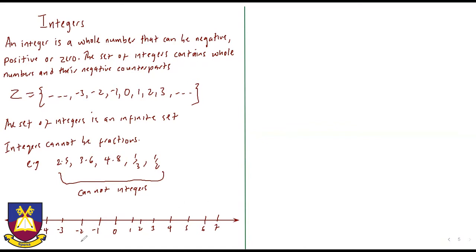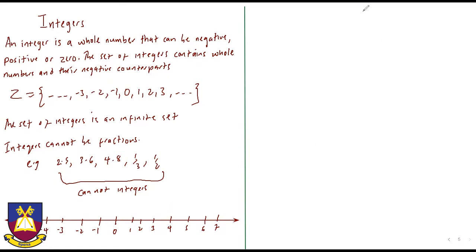So all these ones are integers. The number line can be used to indicate integers. They can move to the right of 0 or to the left of 0. So integers are negatives or positives, but 0 is the only integer which is neither negative nor positive. So that's how we could indicate integers on a number line.